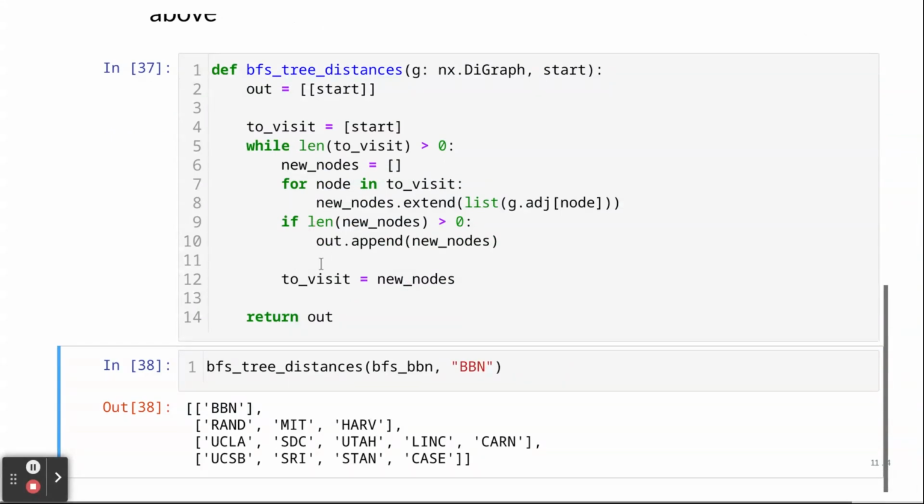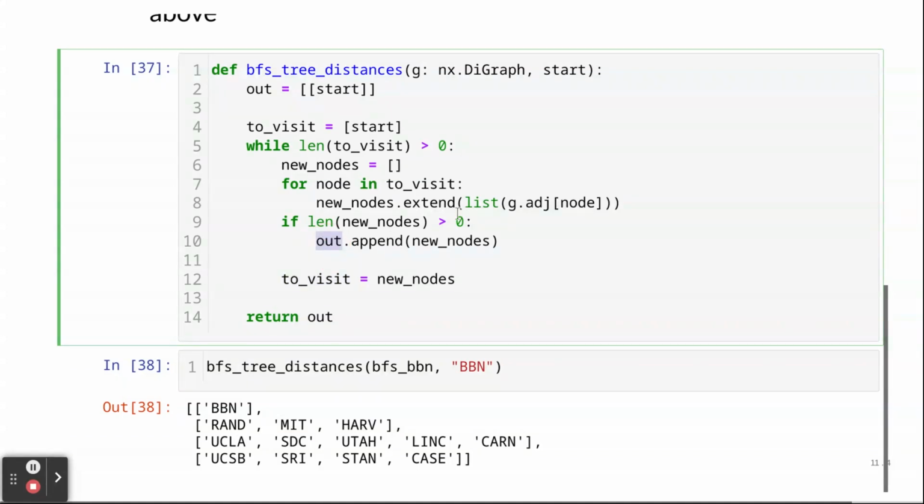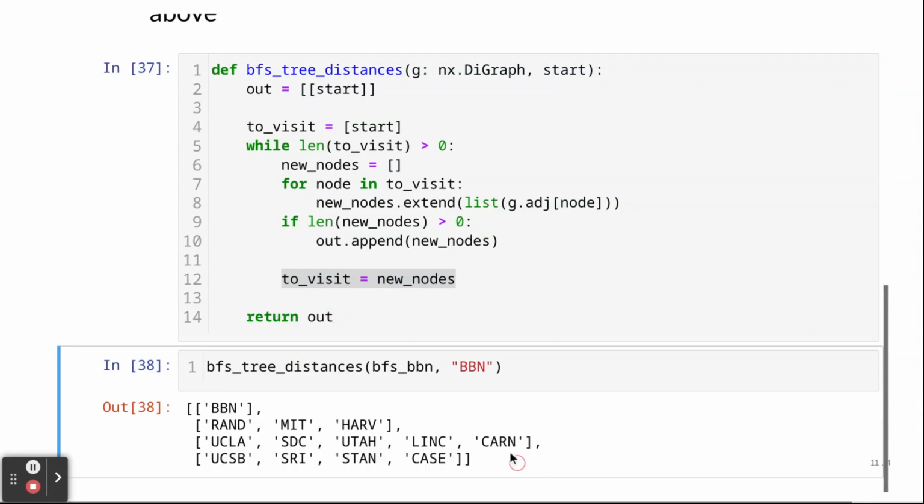Before, I was saying we needed to visit all of the new nodes, but that would make us cycle around over and over. So now we'll append this to our output, and just note that we only have to consider visiting the new nodes. Once we've done that, we get back a list of lists.